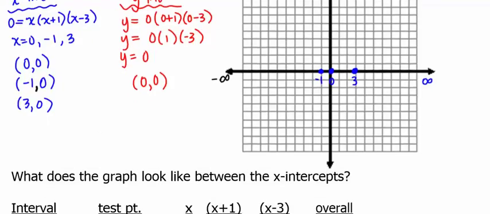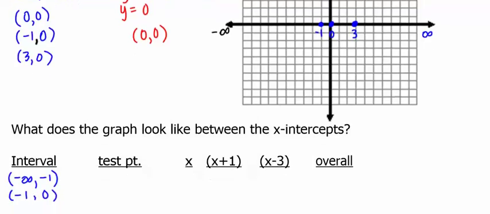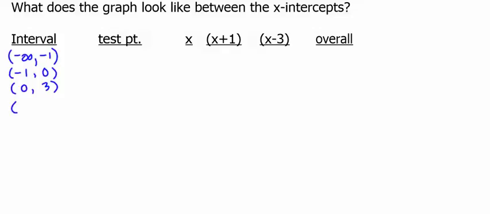So we're going to look at the graph in these intervals. We're going to see what's happening between -infinity and -1, between -1 and 0, between 0 and 3, and between 3 and infinity.